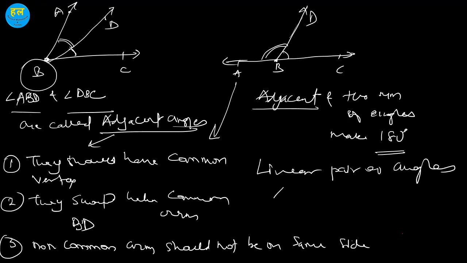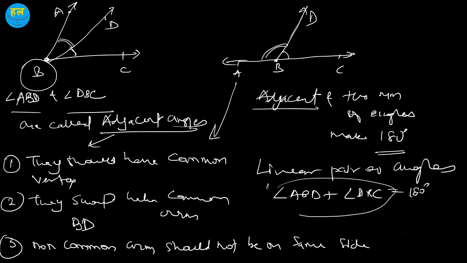That means if angle ABD plus angle DBC is equal to 180 degree, then these are called a linear pair of angles. We can also say that if line ABC is a straight line and the angles are adjacent, then they are called a linear pair of angles.